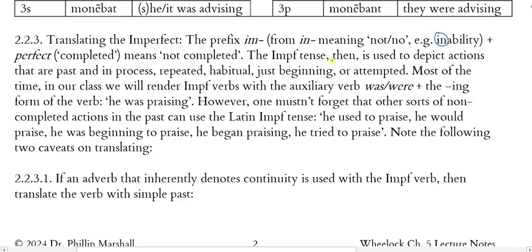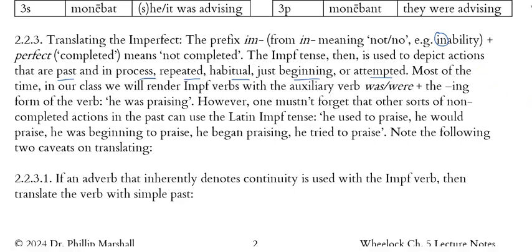And so the imperfect tense is used to depict actions that are past, but not just past, but past with a particular sort of semantic value. And that is that they're past and in process, repeated, habitual, just beginning, or attempted. All of these are a way of saying that the action is not being construed and presented as complete or completed.